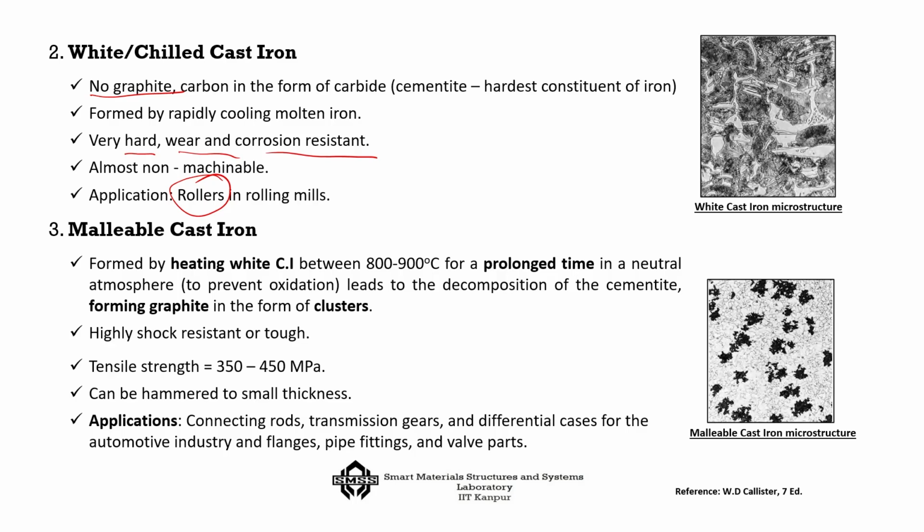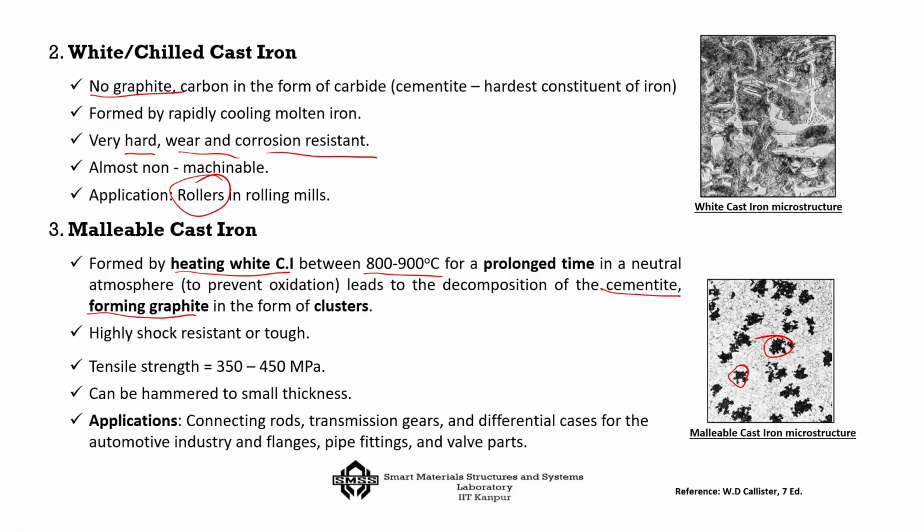We also have a malleable variety of cast iron, and that is formed by heating the white cast iron between 800 to 900 degrees centigrade for a prolonged time, and that leads to the decomposition of the cementite, forming graphite in the form of clusters. So, graphites are here not evenly distributed, but forming clusters.